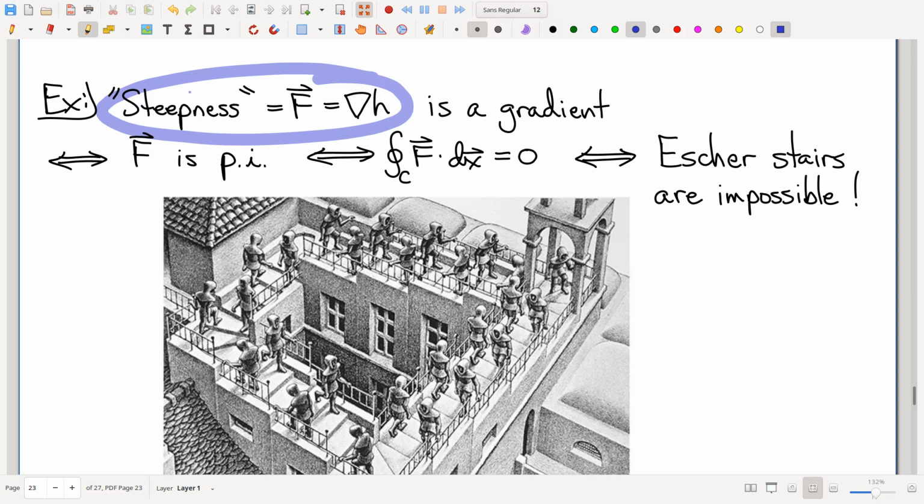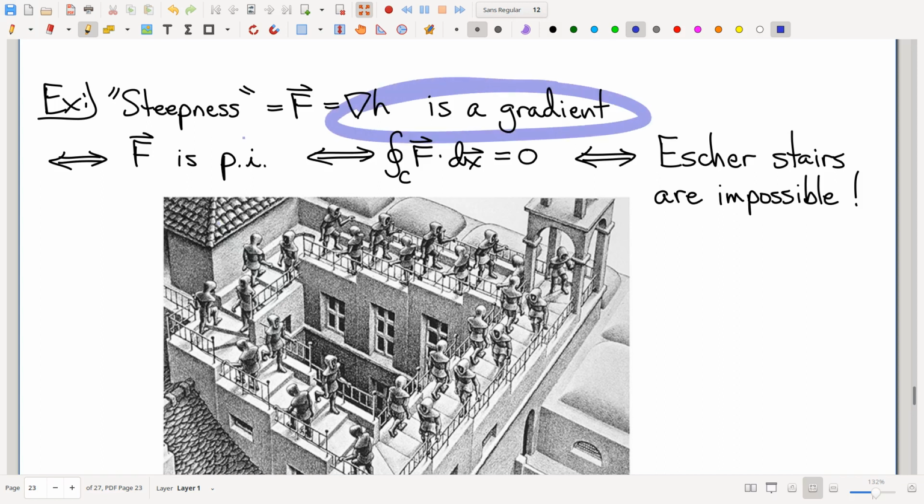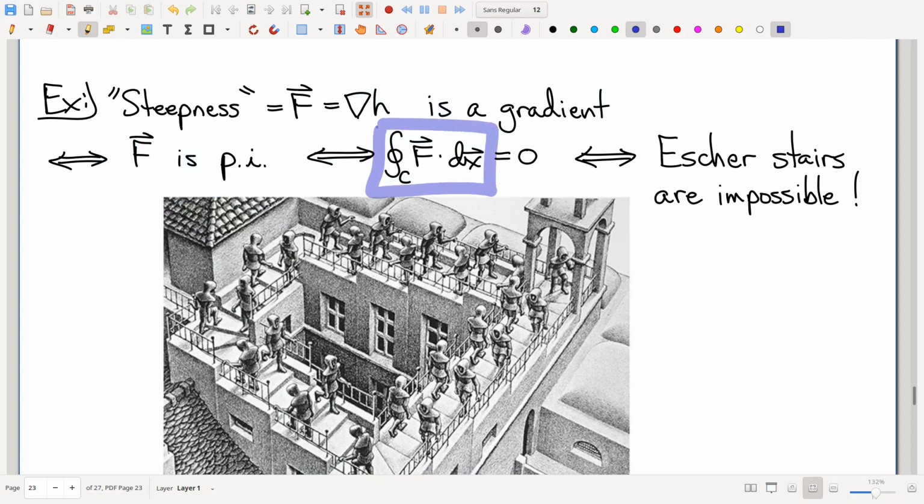So, a couple of really easy, immediate observations. It's a gradient. We know that means that it's path independent. We know that path independent means that closed line integrals are all zero. And now let's take a gander at this right here. What does this vector line integral represent?